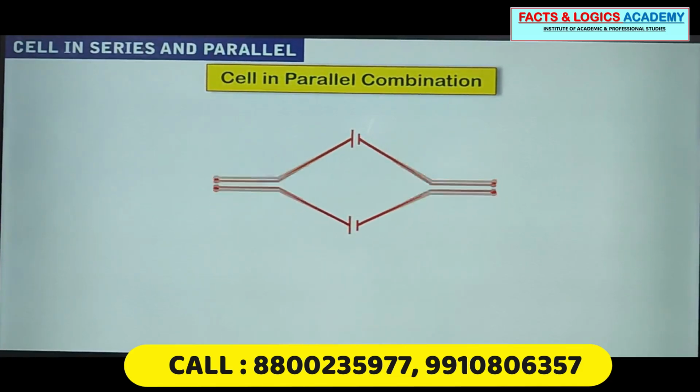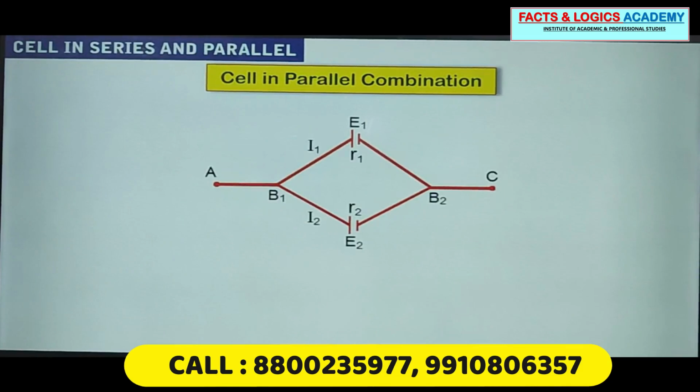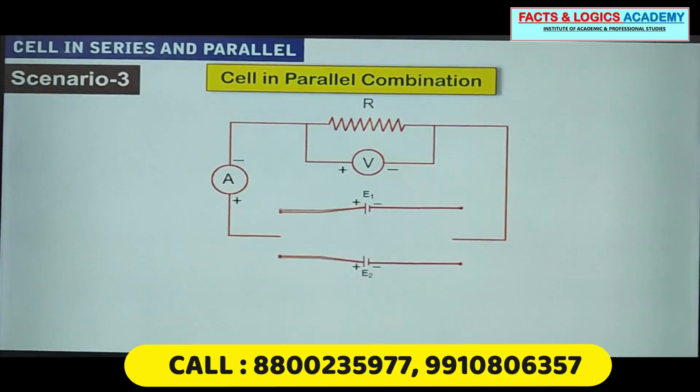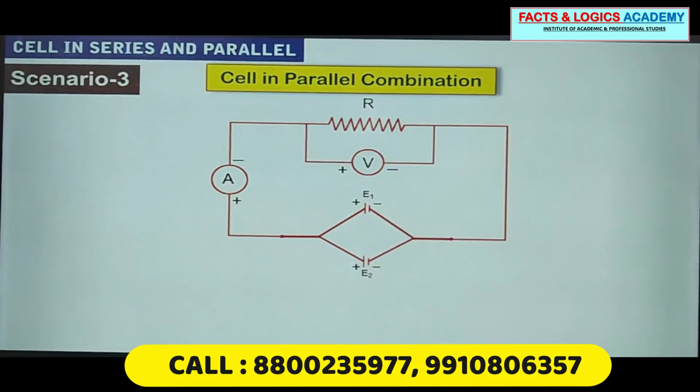Let us now consider a parallel combination of two cells. The positive terminals of the two cells are connected to each other. Similarly, the two negative terminals are connected to each other. I1 is the current leaving the positive electrode of the first cell.